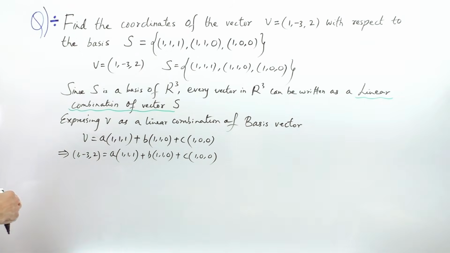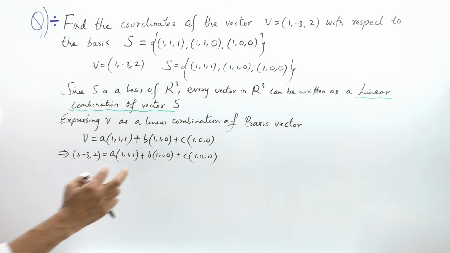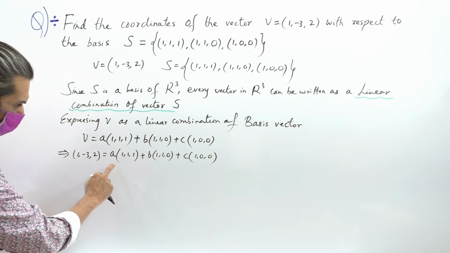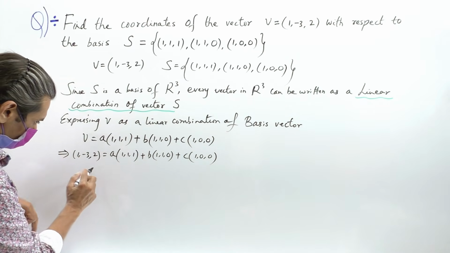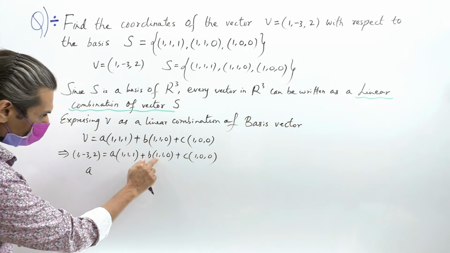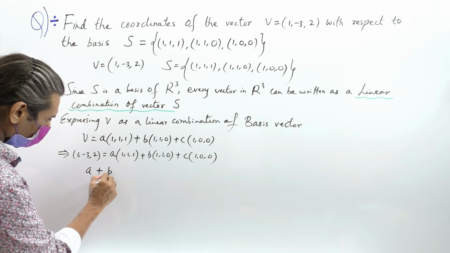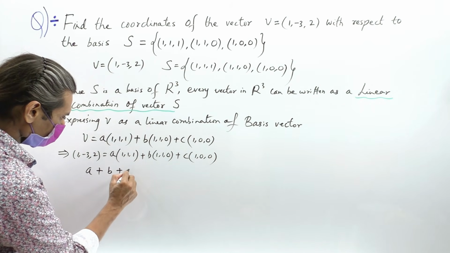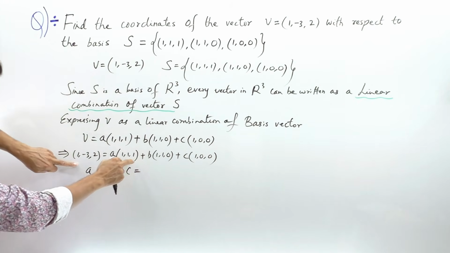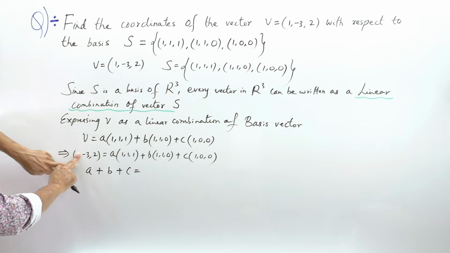Now let's make the system of equations out of this. a into 1 is a, plus b into 1 is b, plus c into 1 is c, equals 1.